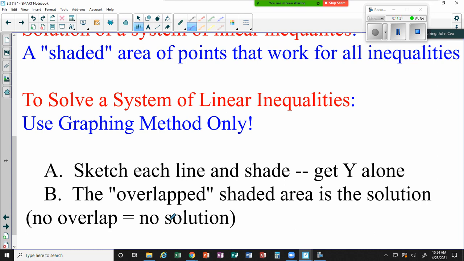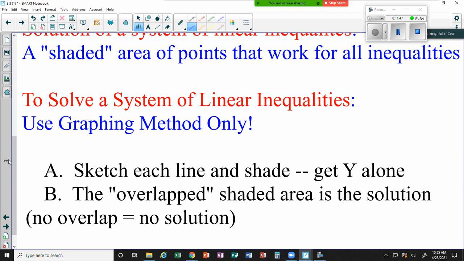If I go above one and below the other, as long as they're intersecting in between those two parallel lines, then you can have a solution. You'd have no solution when you have parallel lines and you shade in opposite directions, like one above this line and then one below this line. Then they would never intersect. They'd never overlap.